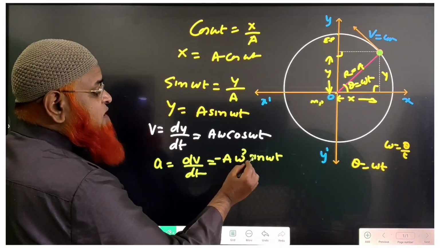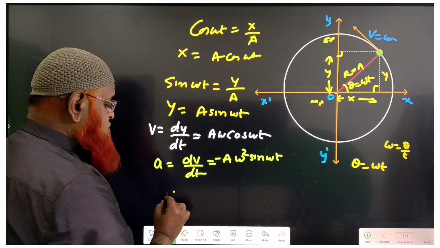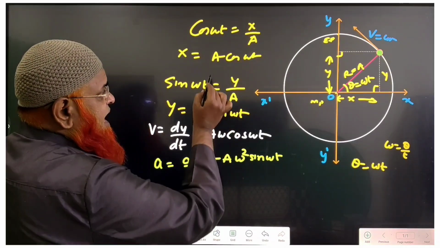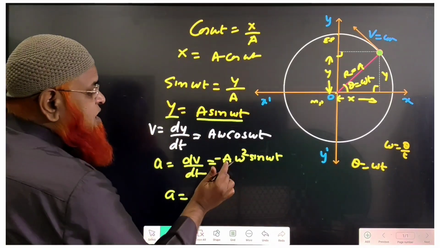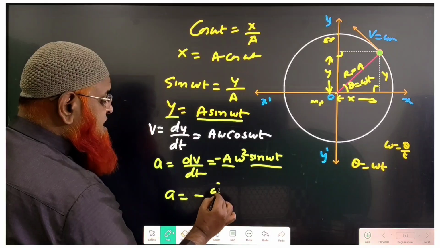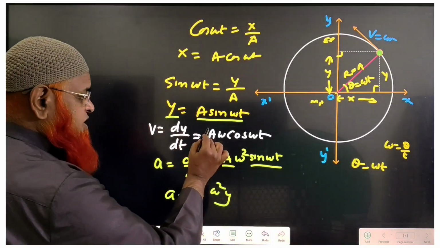So one more omega, if you multiply here, getting omega square here. Therefore, acceleration is equal to minus omega square, and here a sine omega t is taken as y. So a sine omega t can be taken as y, which is nothing but minus omega square into y.